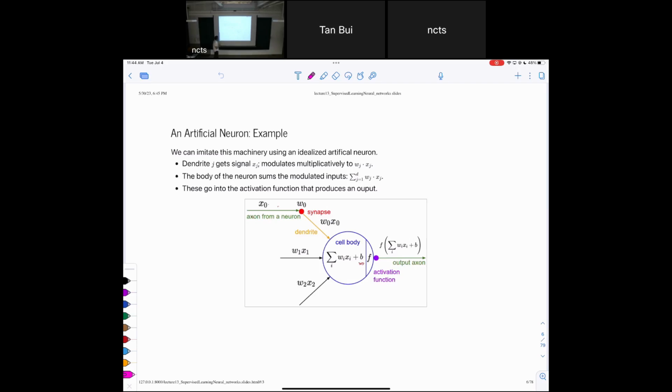So this is a simple possible mathematical model of the neuron. What you do is basically an affine combination. x0, x1, x2, and so on are the inputs, or the outputs from the first, second, third, and so on neurons.